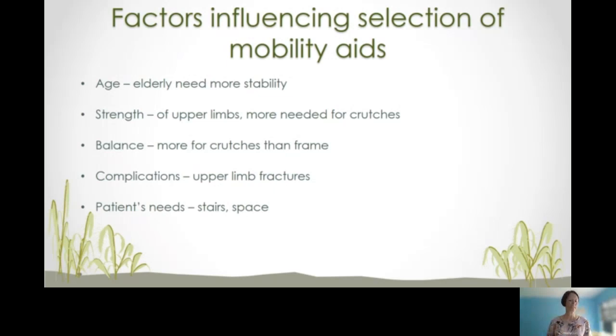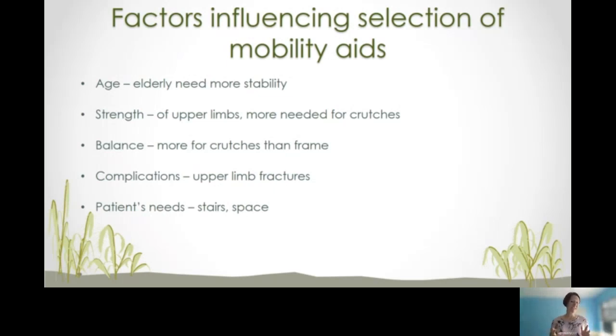Patients' needs. So this includes economic need. Can they afford it? Do they have one crutch and you just need one more? Do they have stairs at home? Because have you ever tried climbing stairs with a walking frame? Not easy and not possible, right?